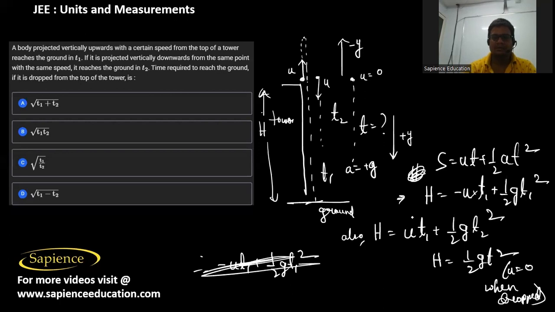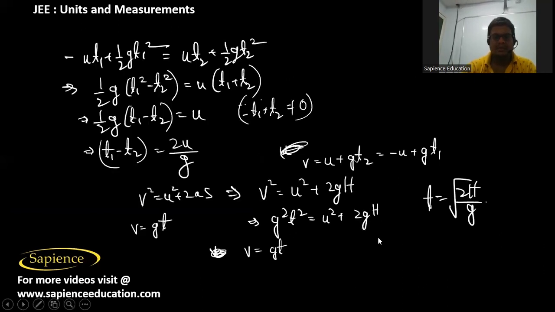So here we can first solve for h. Here we got h equals to half gt square.